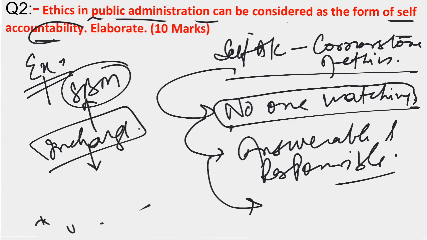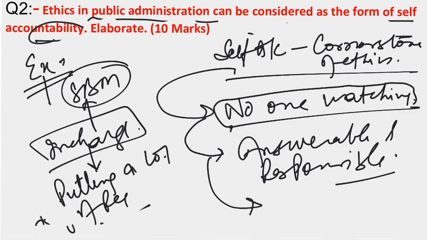Now you are putting a lot of regulation on the use of plastic, or on checking open defecation, but you yourself are not obeying, and you throw the plastic on the road after using it.